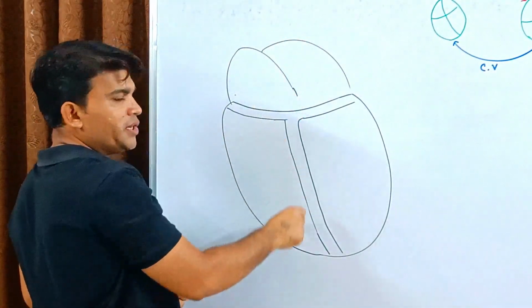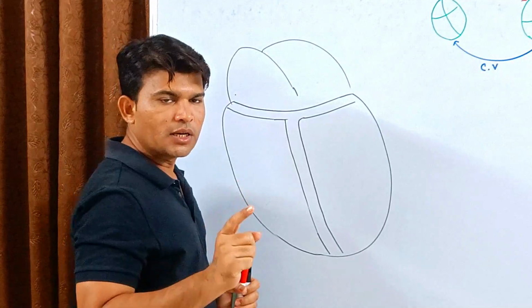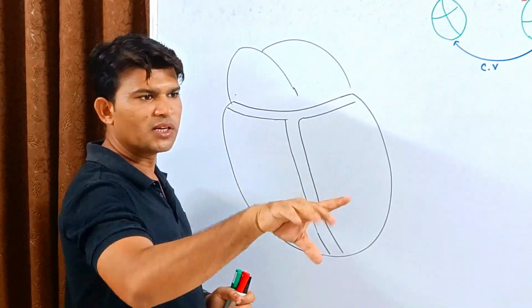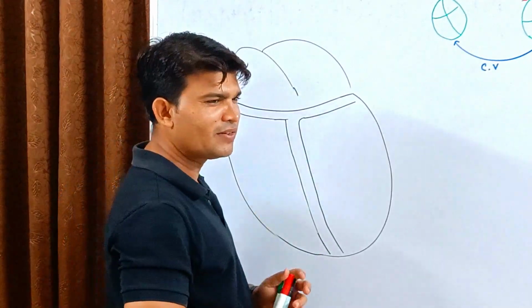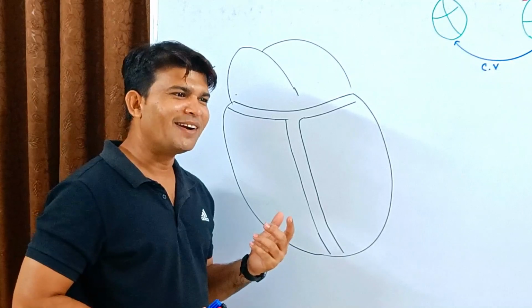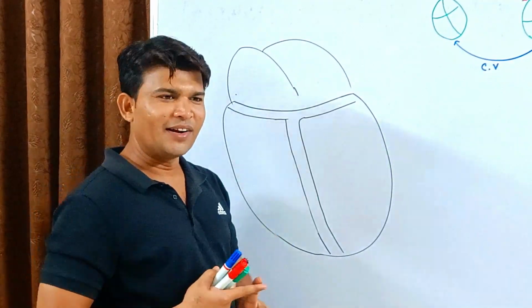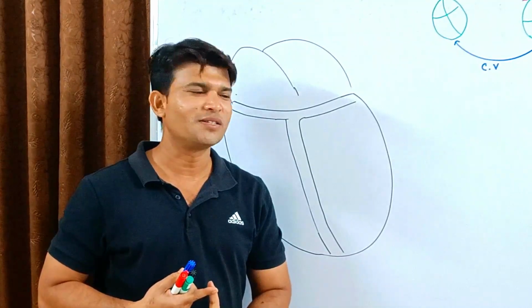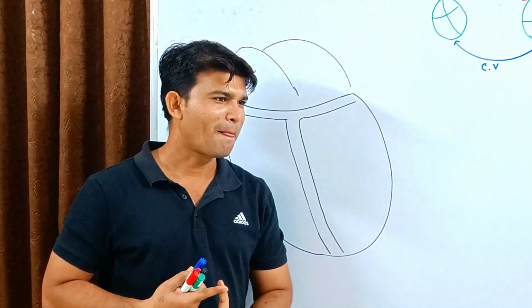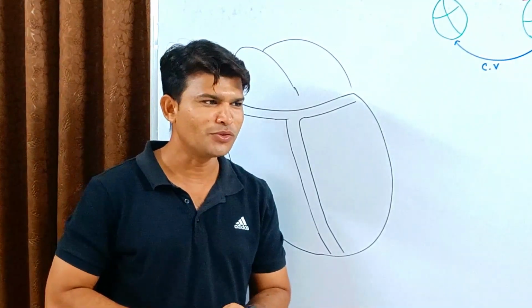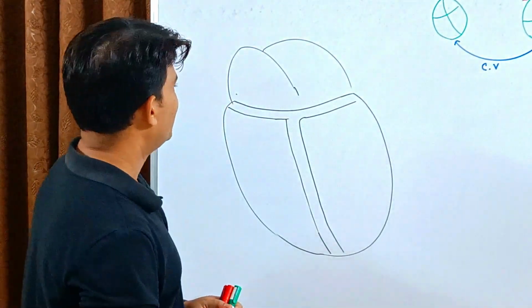There should be a posterior longitudinal sulcus, or posterior interventricular sulcus, right? Which artery runs there, we are going to discuss, but the name of the artery which runs downward in the posterior longitudinal sulcus is the posterior descending artery. Very good. Posterior descending artery.